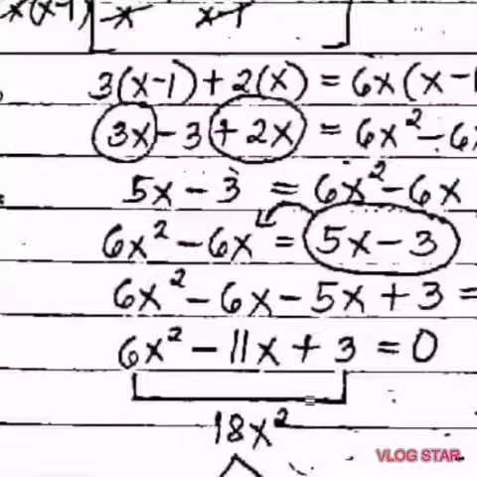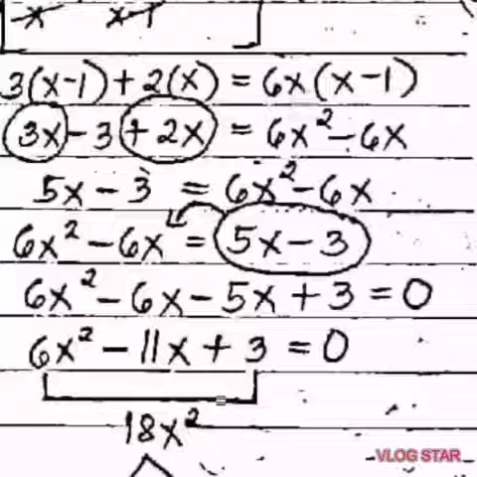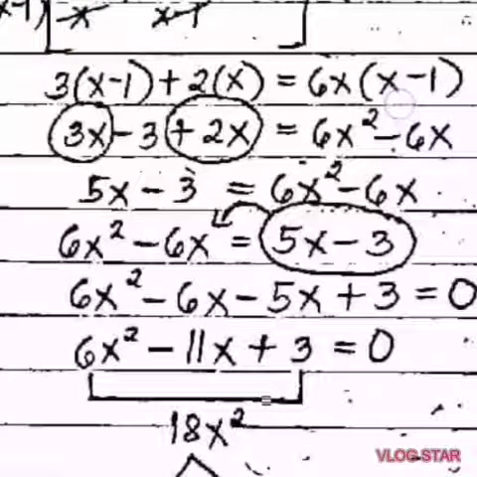So 2 times x equals 6 times x times the quantity of x minus 1. We don't have to cancel out because 6 has no denominator. Okay, so we'll just multiply 6 times x and the quantity of x times x minus 1.